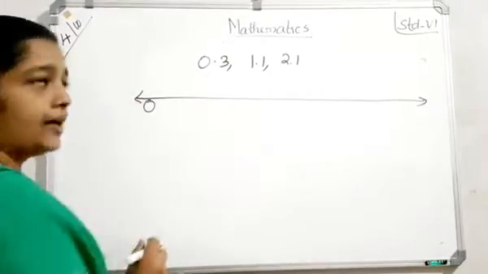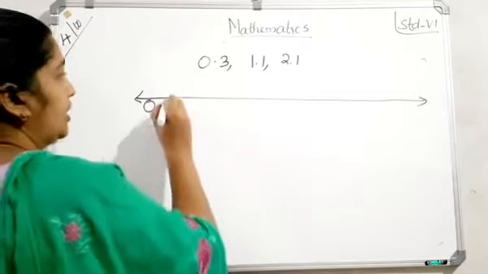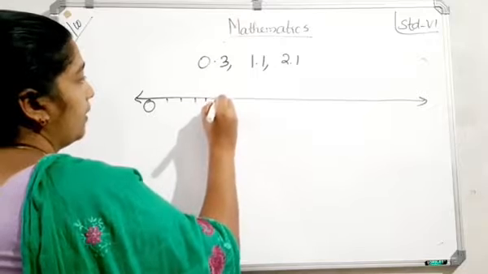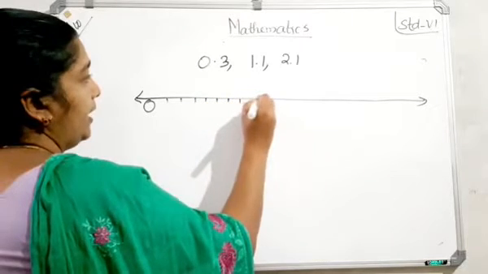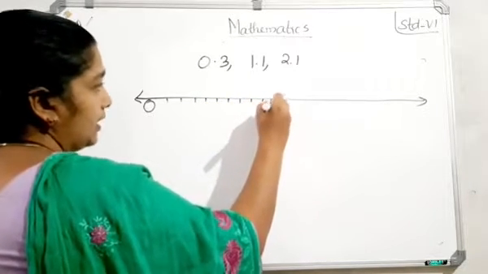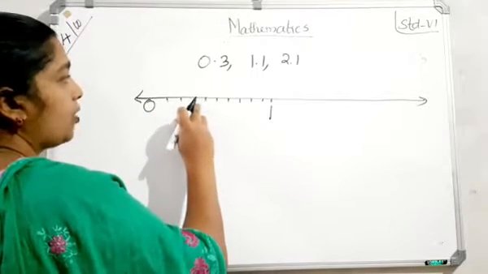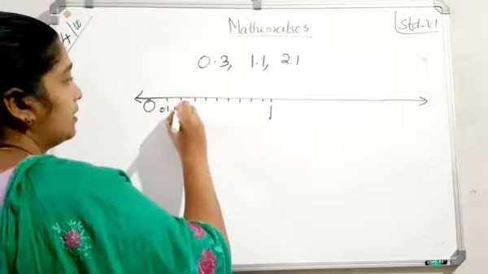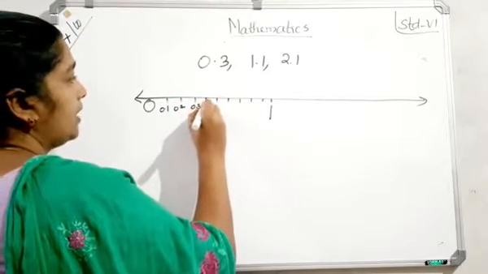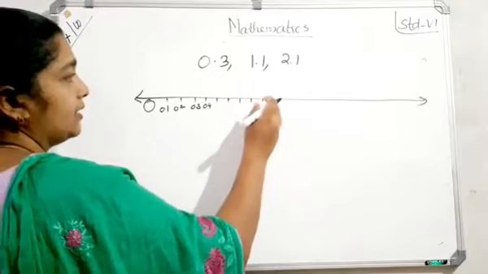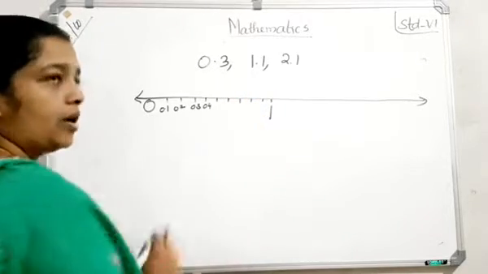Here there are 10 divisions, 1, 2, 3, up to 10. These are 0.1, 0.2, 0.3, 0.4, 0.5, up to 1.0.